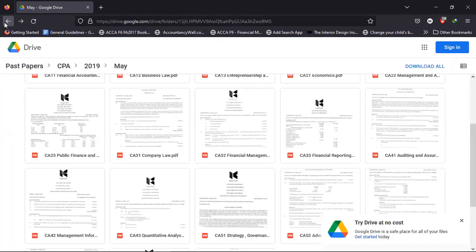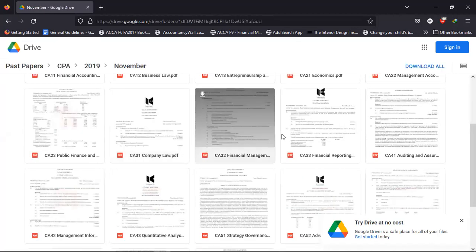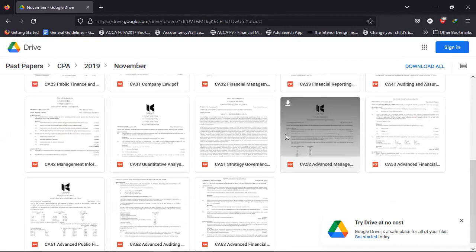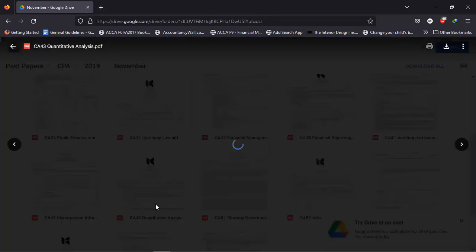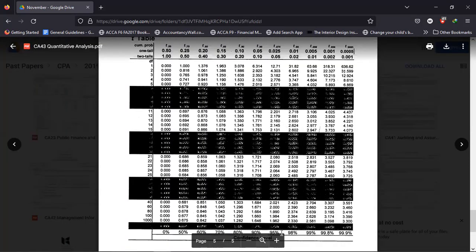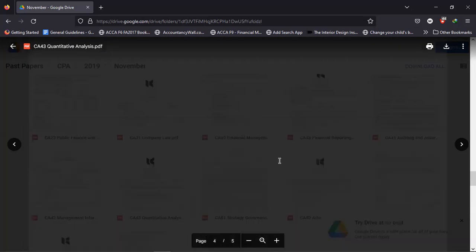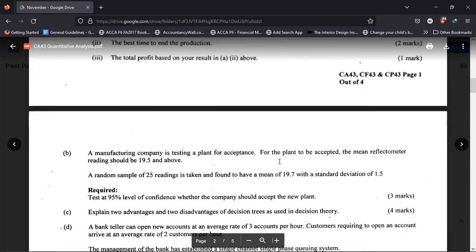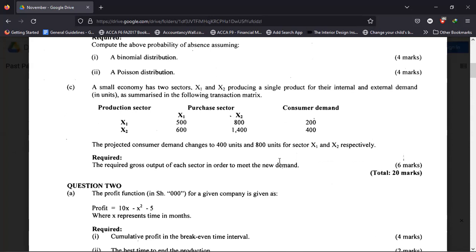We look for November. It is November 2019, question 1C.